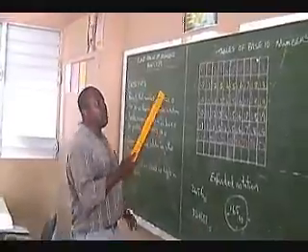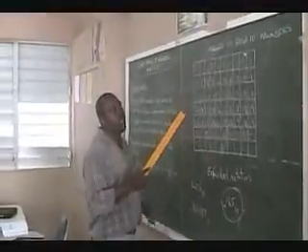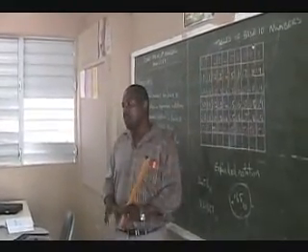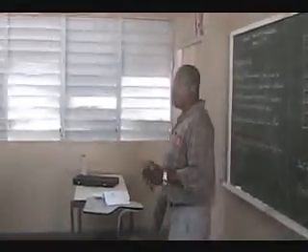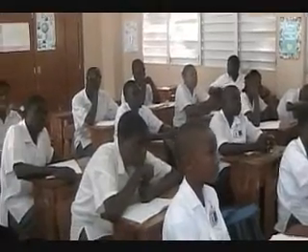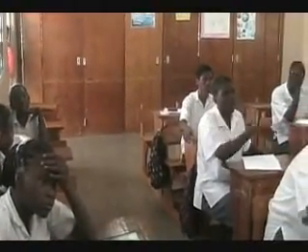Let us look at this. We have here a table of base 10 numbers. Here we use only the digits 0 to 9. No more. And because of the fact that we use 10 digits to form all these numbers, this system is called base 10.